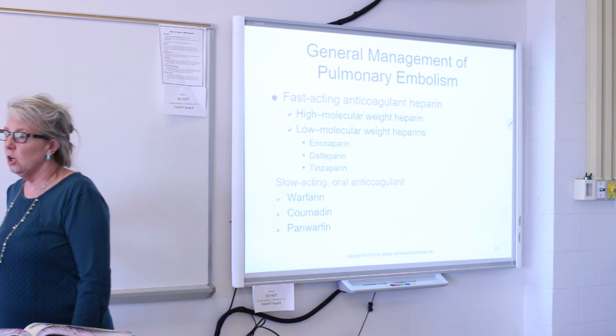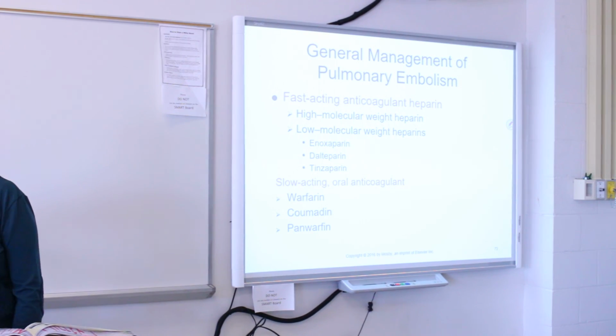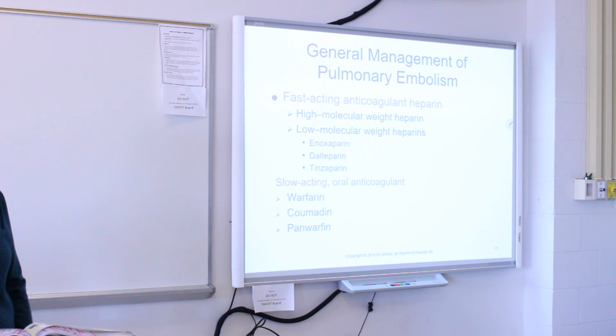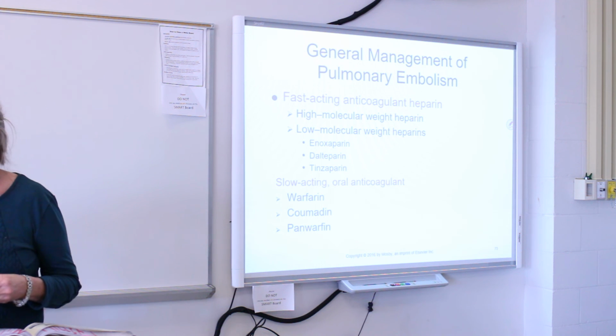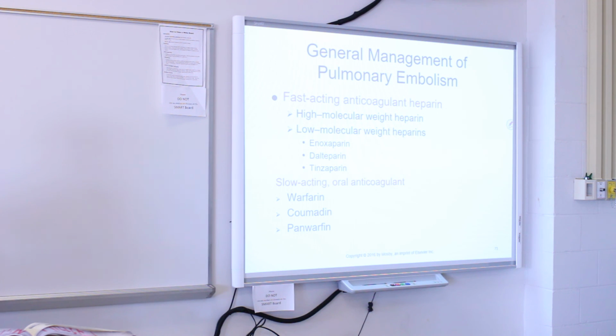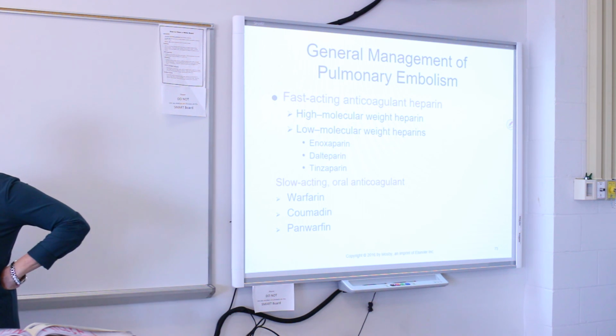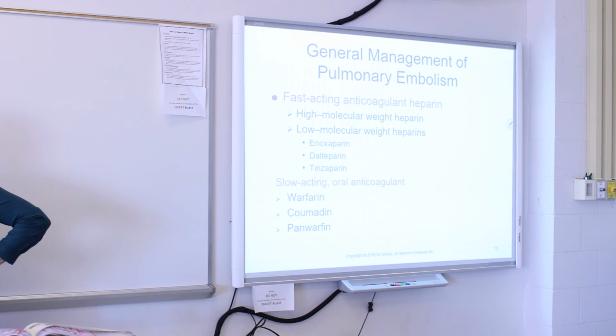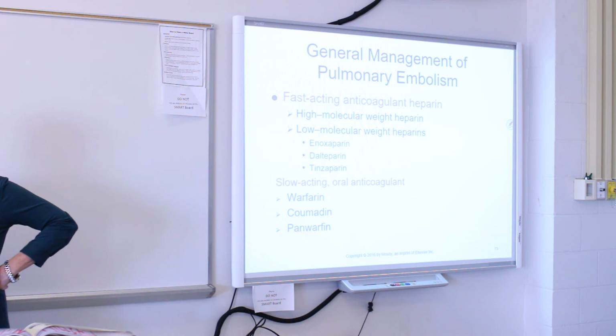And then in the home, there's a slow acting type of anticoagulant that is still dangerous but doesn't have to be monitored as closely as the fast acting. And warfarin, Coumadin, are typically home anticoagulants.